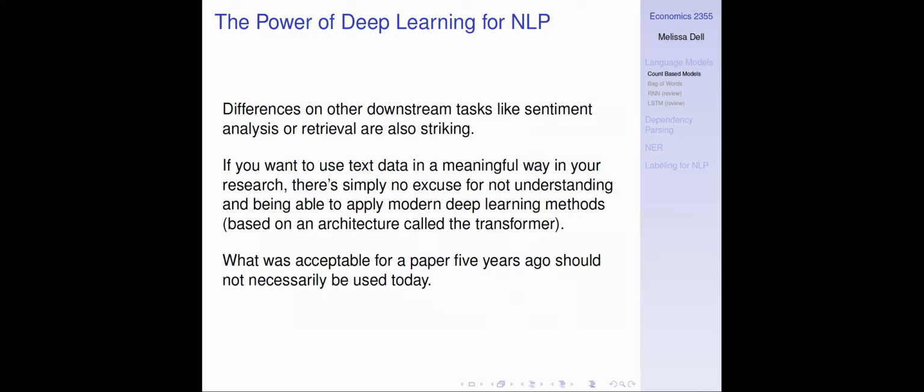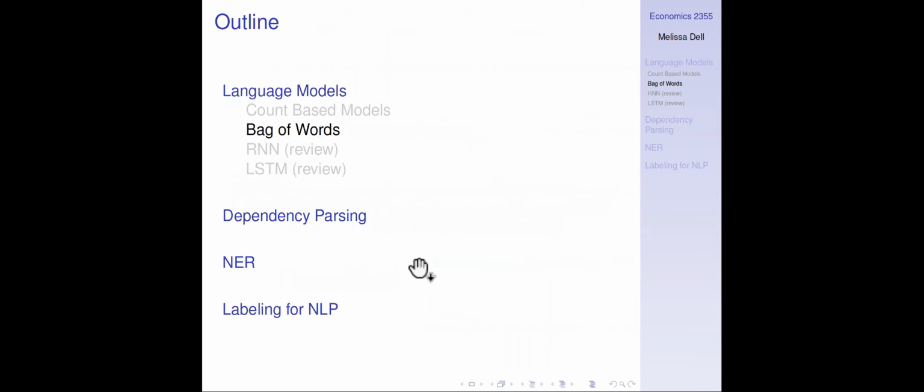And so if you want to use text data in a meaningful way in your research, there's just no excuse for not understanding and being able to apply modern deep learning methods, which are going to lead to massive improvements. When it comes to NLP, what may have been fine for a paper 5 years ago is not necessarily something that you would use today. The field moves very fast.